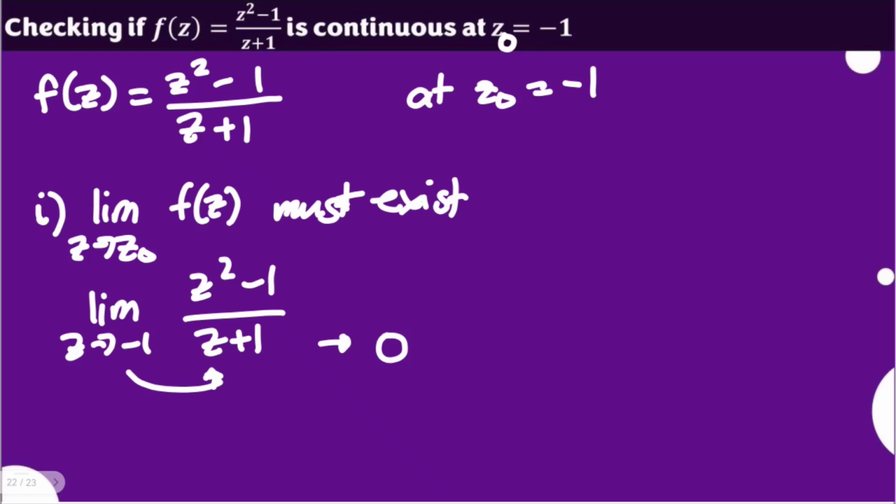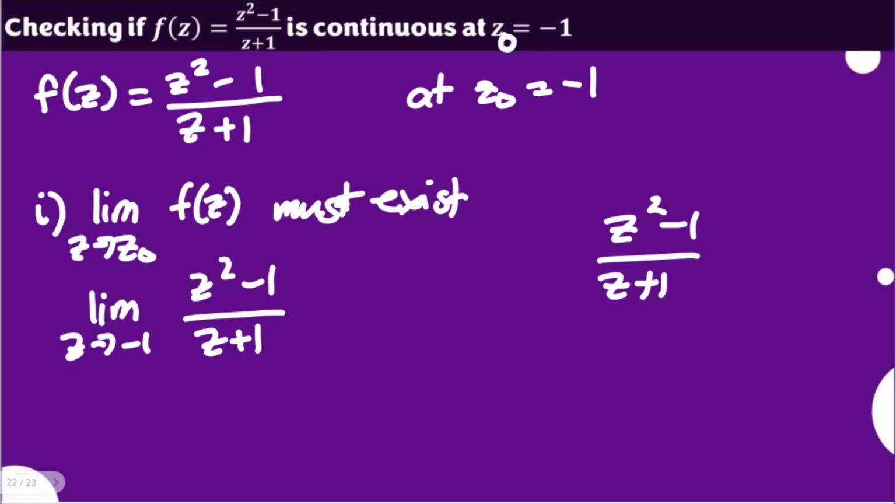However, take note as part of our discussion for the limits, we can of course find a way for this to be simplified and for the limit to be determined. Because if we have here z squared minus 1 over z plus 1, which is your function, we can factor the numerator as z plus 1 and z minus 1, with the denominator being z plus 1.